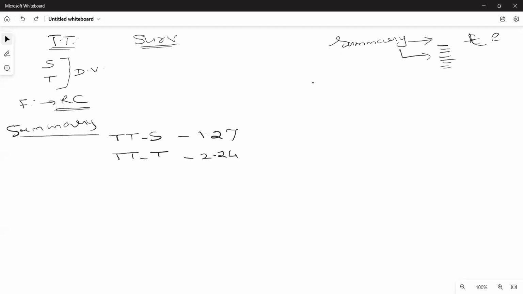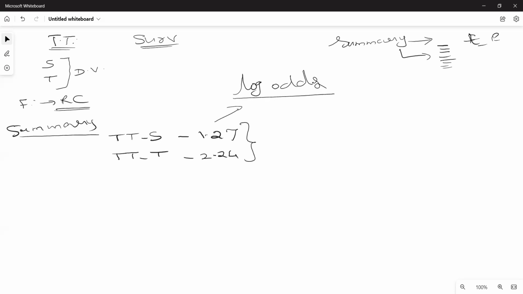So now the ticket type second class value is minus 1.27 and the ticket type third class is minus 2.24. The summary output that you get here is nothing but the log odds.